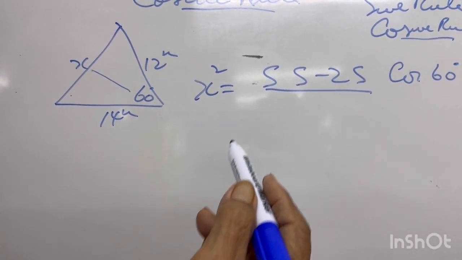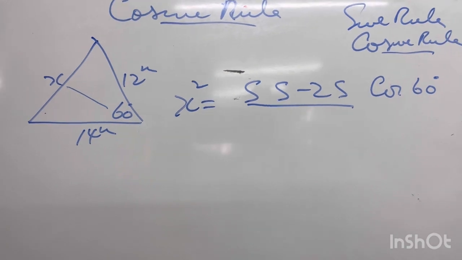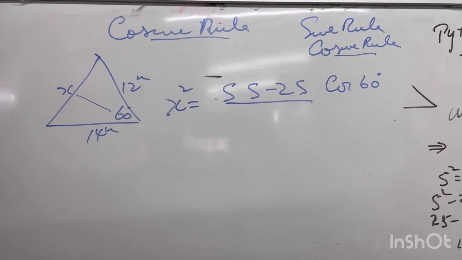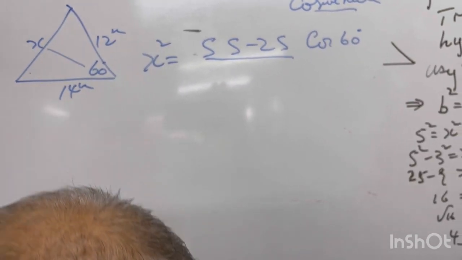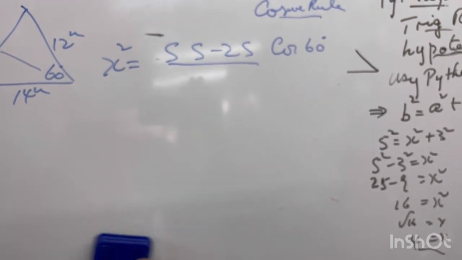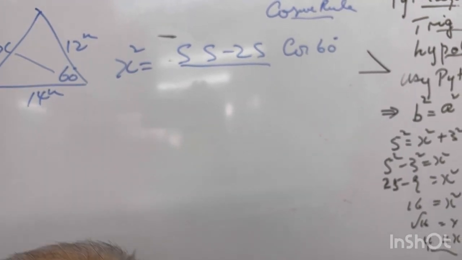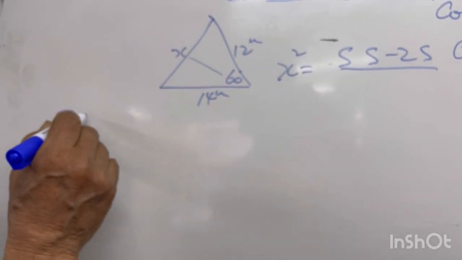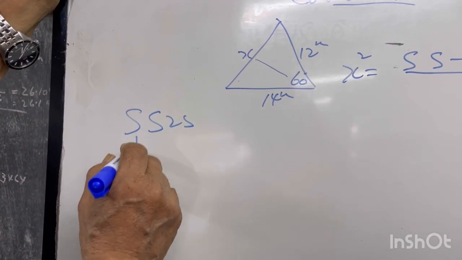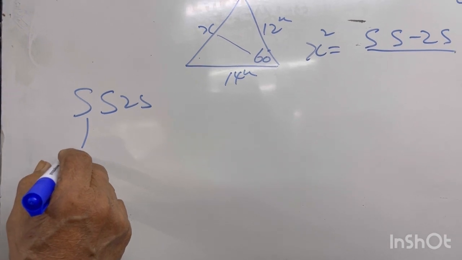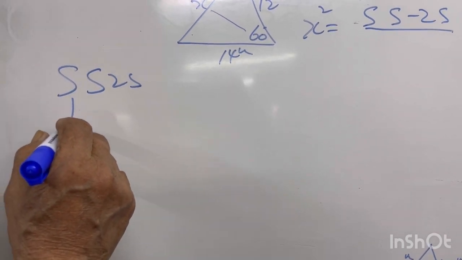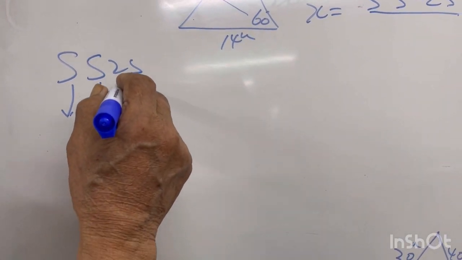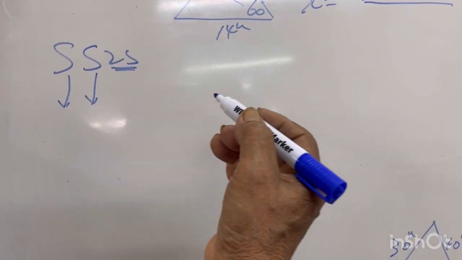Now this might sound strange, but we do something called the SS2S principle. Square the first term, square the second term, and you squeeze twice.